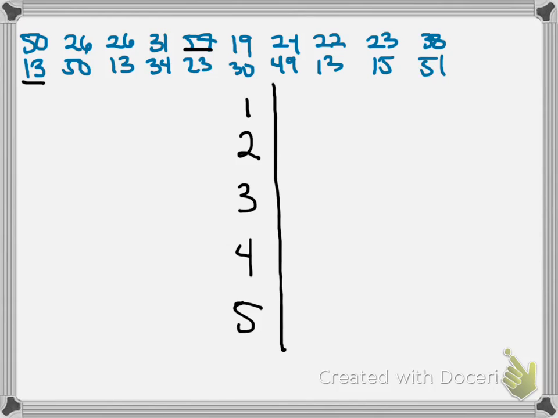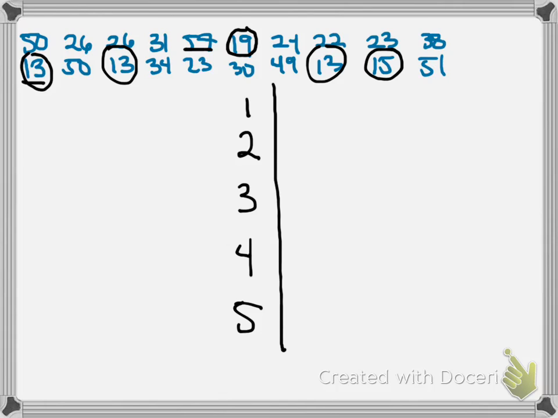So here's what I mean. We have a stem of 1, and with that stem of 1 we're going to have 3 values: 13, 15, and 19. So in order for our stem plot to convey as much information as possible, we want to write our leaves in ascending order.